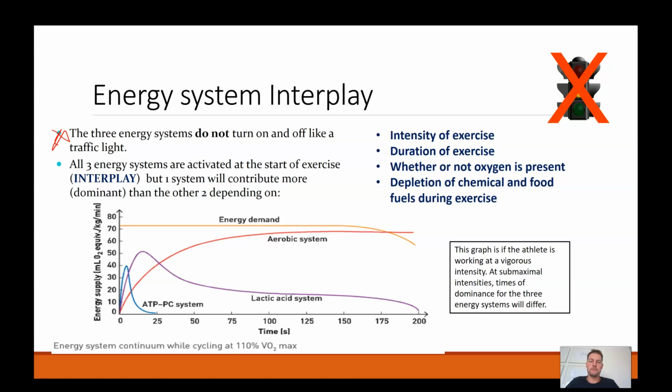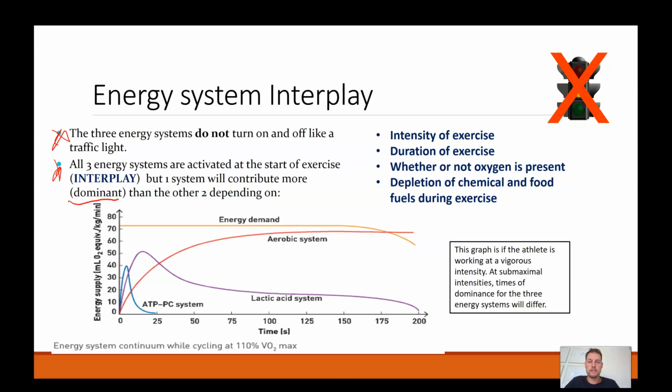There'll be a little bit of residual contribution that will remain, but essentially all three will be there the whole time. We can see at the beginning, all three energy systems are activated at the start of exercise, but there will be one system that will remain dominant. This word dominant just means which is providing the most energy at one point in time. The other two will continue providing, but not as much energy as the other one.